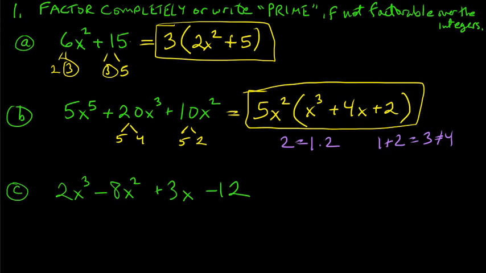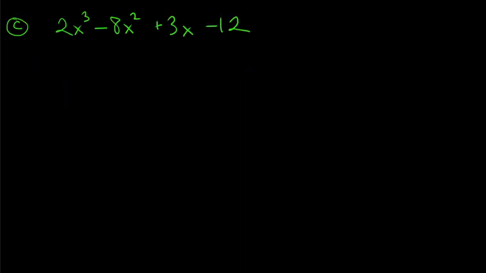Okay, moving on to part C. We have 2x cubed minus 8x squared plus 3x minus 12. So let's start with the GCF. Notice there's no x at the end here, so we can't factor out an x. We have a 2, an 8, a 3, and a 12. So the 3 and the 2 here don't have anything in common.